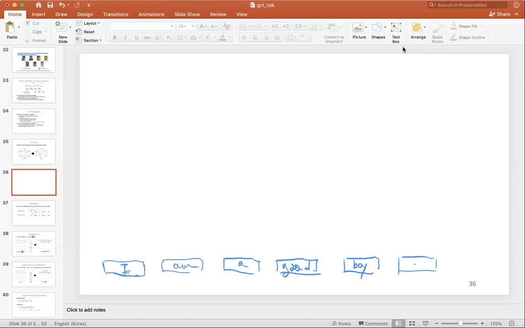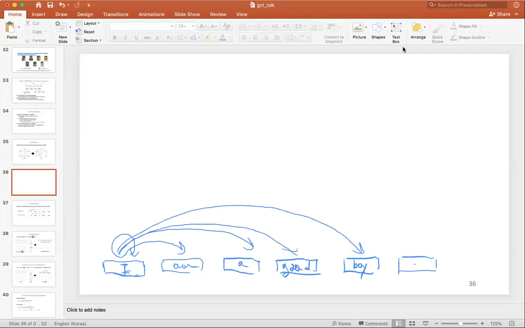So I is connected to everything else. When I say connected, I is attending to, of course, itself, and then it is attending to M, it is attending to all, it is attending to good boy, like this. So this is the attention that I is giving to everything else, including itself.